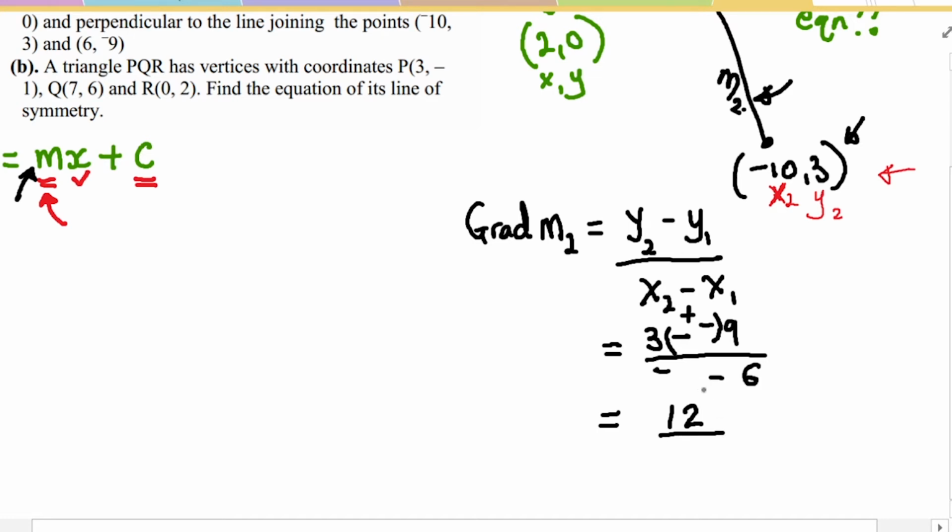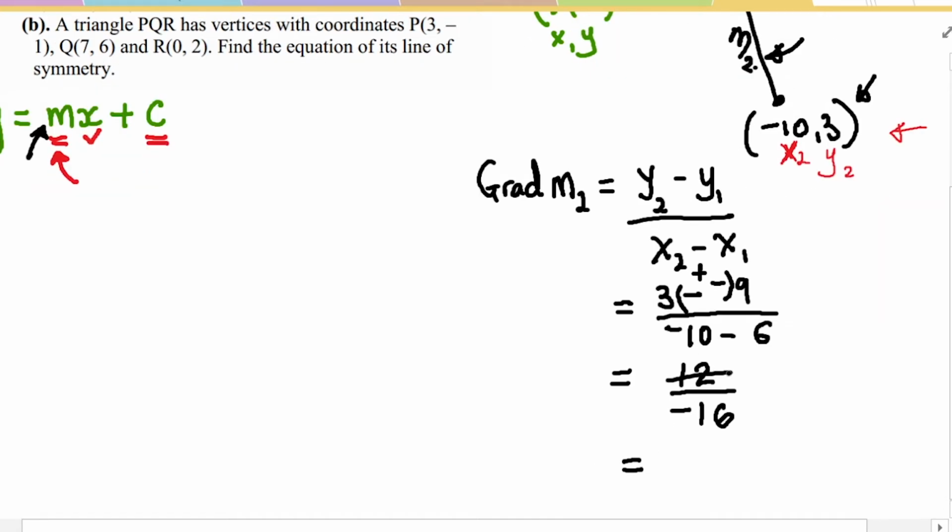Divided by -10 minus -6... -10 minus 6, giving us -16. When we simplify that, by 2 gives us 6, by 2 gives us 8. By 2 is 3, by 2 is 4, so it's -3 over 4. -3 over 4 is the gradient.